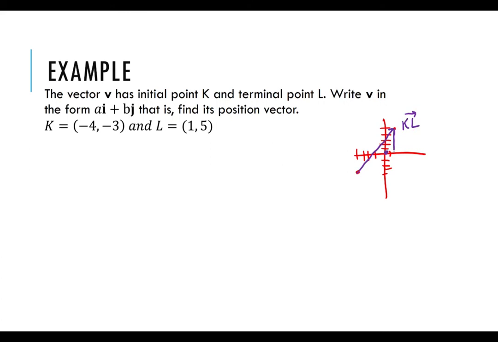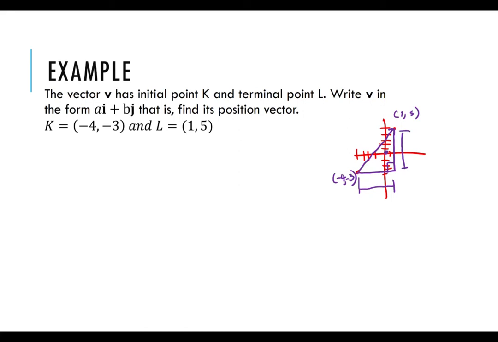I have the ordered pair for L being (1, 5) and the ordered pair for K being (-4, -3). All I need to do is find the x distance and the y distance.